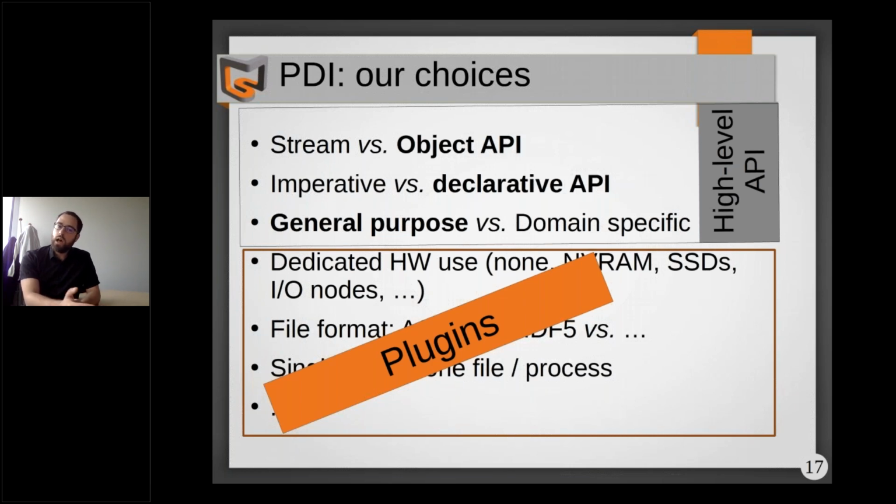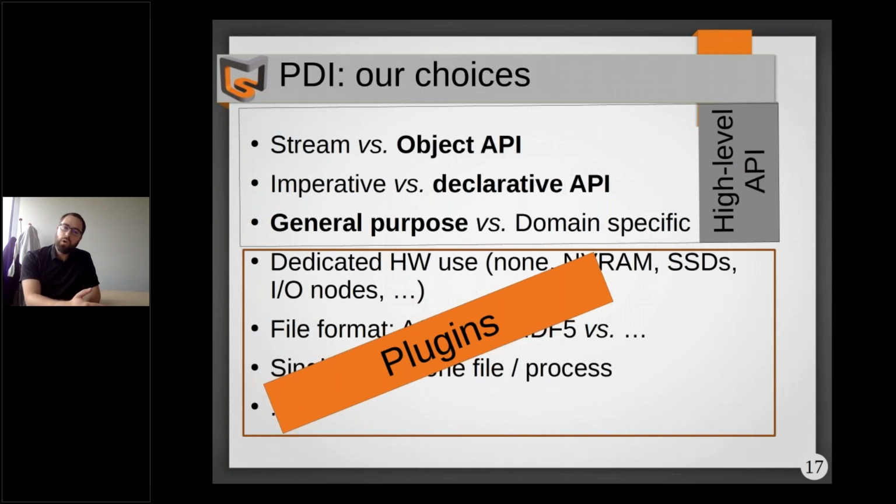So basically, all the rest you can choose by choosing the plugin that offers the library you're actually interested in. The choices we have made are those related to the API, and in that case, we've chosen to offer the highest level API possible. So we stay as close as possible to the concepts manipulated in the code.